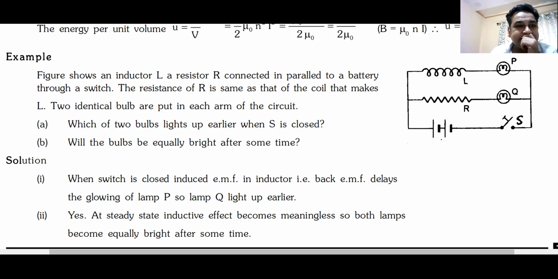Simple question. Which bulb will light up earlier? And why? Who is going to give me the answer? No one. Which one will light up earlier?